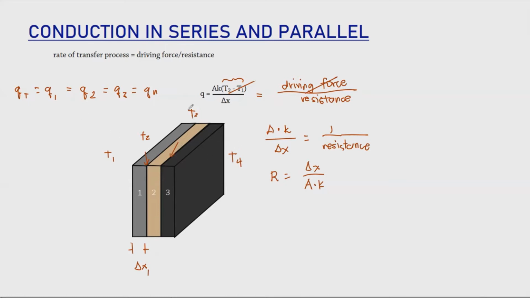T4. So if I wanted to find the value of our Q1, which is the heat of conduction experienced by slab 1, we could simply say that Q1 is equal to the change in temperature, which is simply T2 minus T1, multiplied with our thermal conductivity and the area, and then divided by the change in the dimension, or simply the thickness of that slab.